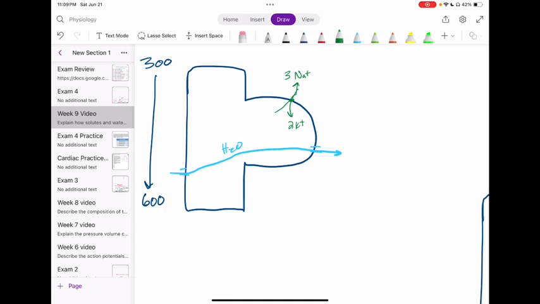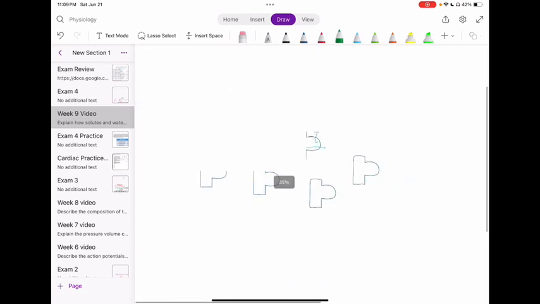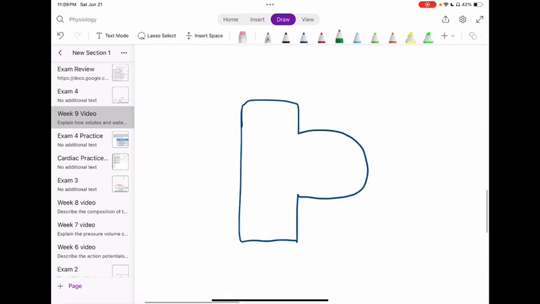Next, we'll move on to the ascending tubule. The difference about the ascending is it is not permeable to water.